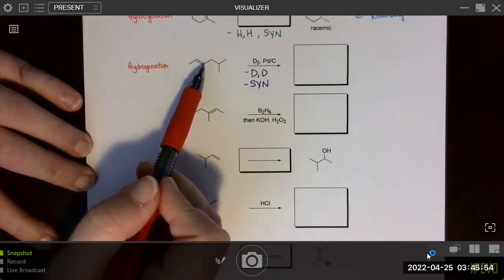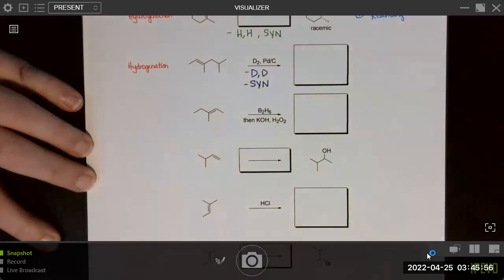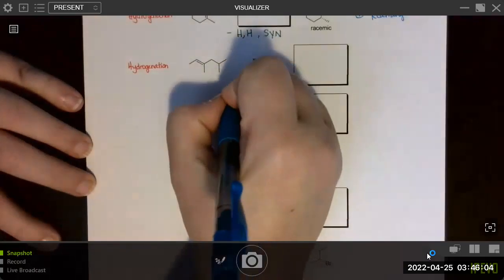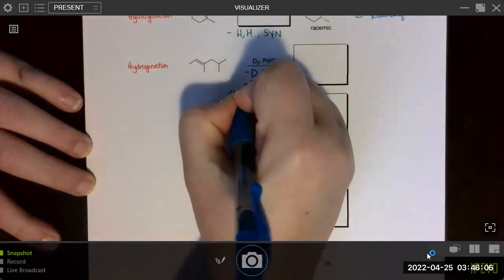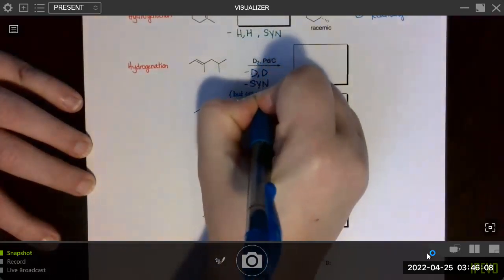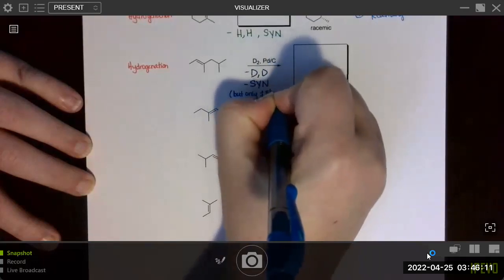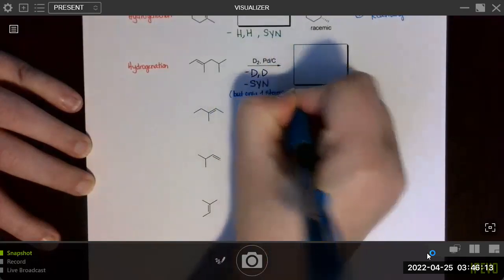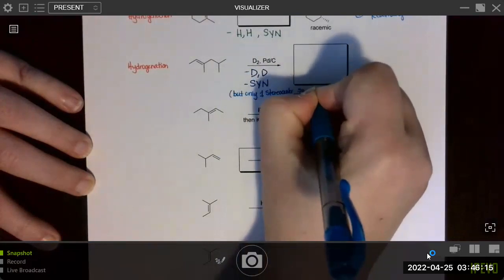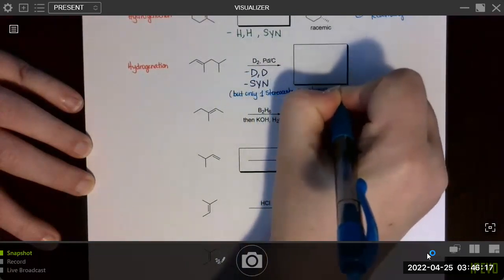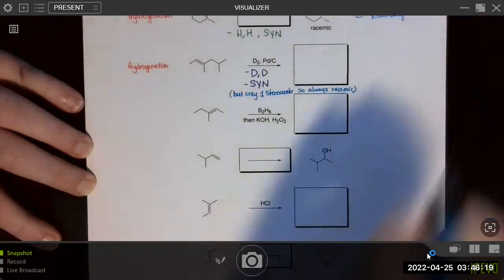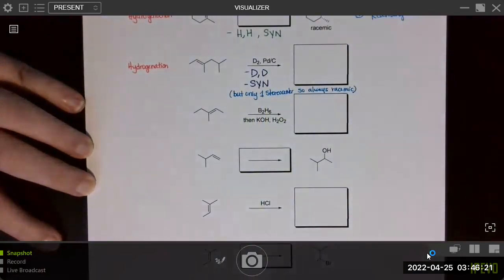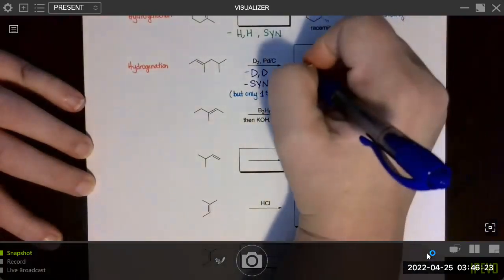And the hydrogen here will be a stereocenter. So in that case, we have one stereocenter. So we really don't have to worry about the syn selectivity. That's only one stereocenter. So let's go ahead and draw in that product.